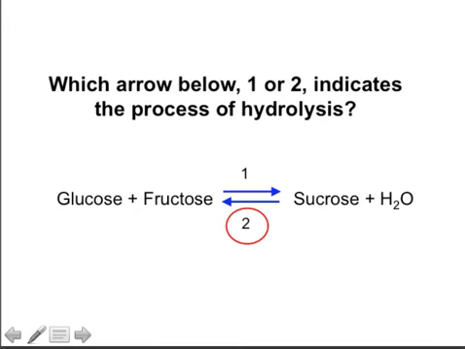Now, this is kind of an interesting slide here because you can see that you can go in either direction in this chemical reaction, but in point of fact, in living tissue, what happens is that the splitting of disaccharides and the production of disaccharides happens in completely different tissues in the human body and is mediated by completely different enzymes.